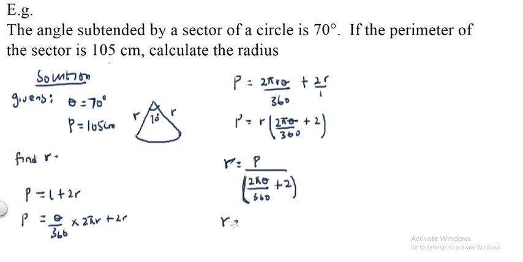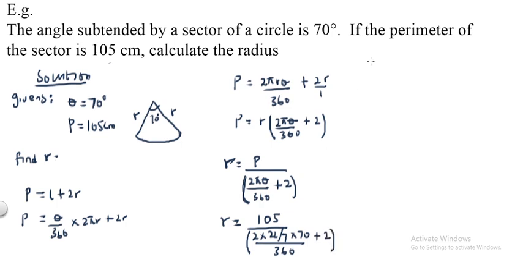So R will be equal to P, which is 105. The perimeter of this sector is 105. So we have 105 over 2 times pi, 2 times 22 over 7 times theta, which is 70 degrees, divided by 360 plus 2.